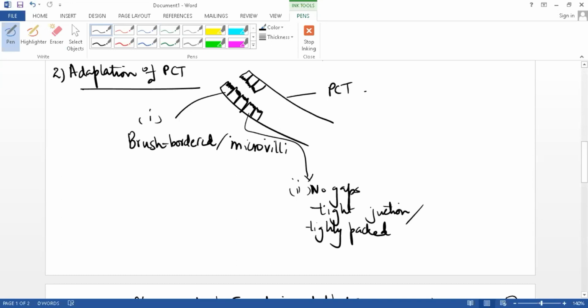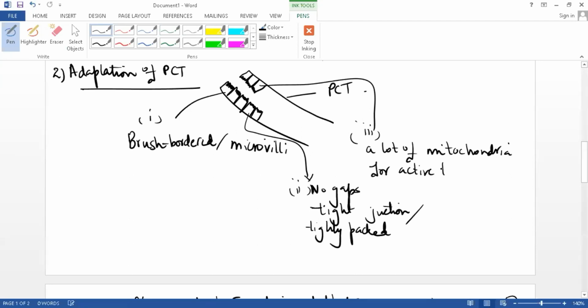Third adaptation is that the cells of the proximal convoluted tubule have a lot of mitochondria for active absorption of materials. A lot of mitochondria means a lot of ATP formation, means easy active transport. They have a lot of ribosomes.